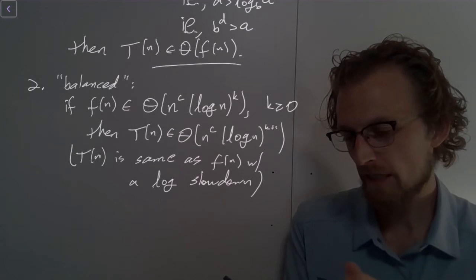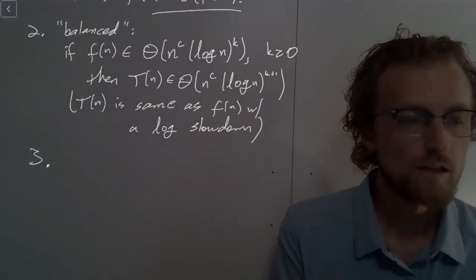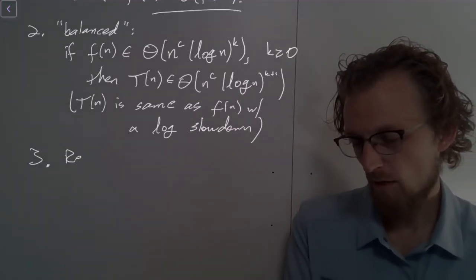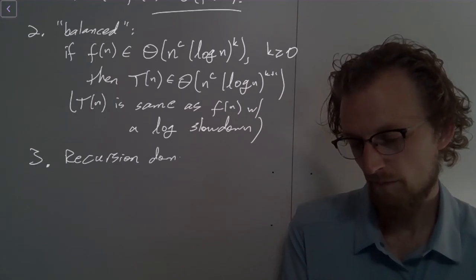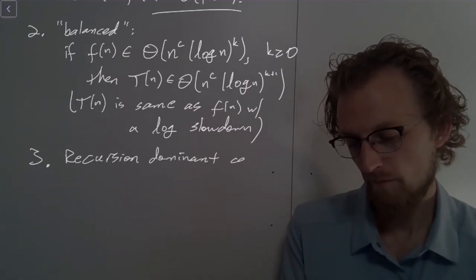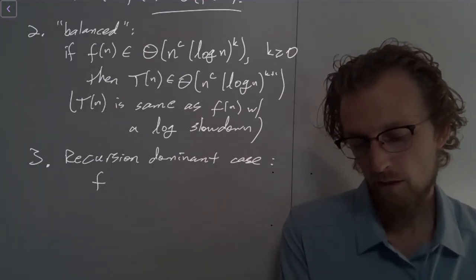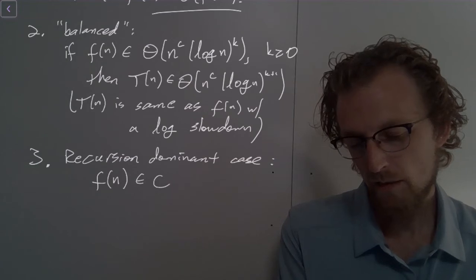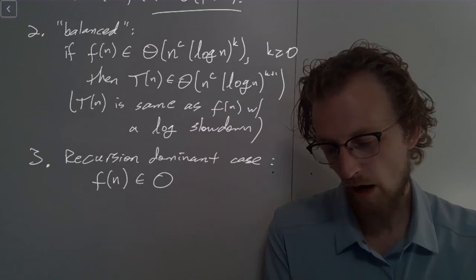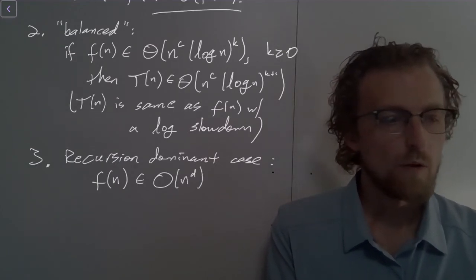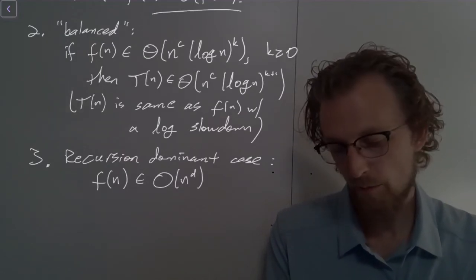Okay, so there's our balanced case, and then in the third scenario we have the recursion dominates, so I can say this is the recursion dominant case. Okay, so the recursion dominant case is the following. Suppose f of n is big O, not big theta, big O, upper bounded by n to the d, where now d is anything strictly less than the critical exponent.